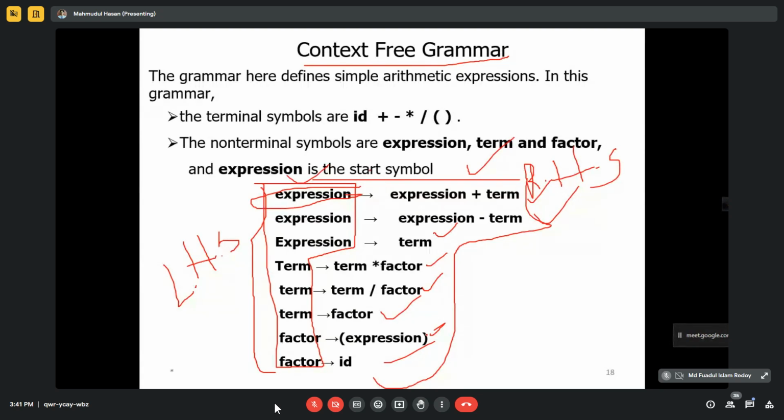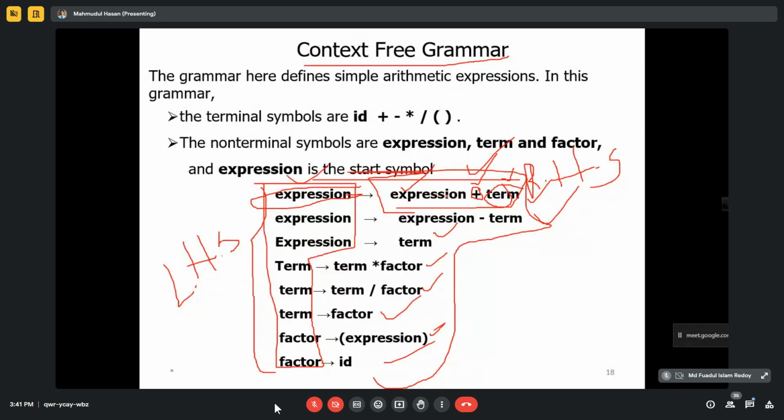The left side expression is non-terminal, and the other expression on the right side, is it terminal or non-terminal? Yes, sir. Expression is non-terminal, plus is terminal, term is non-terminal.